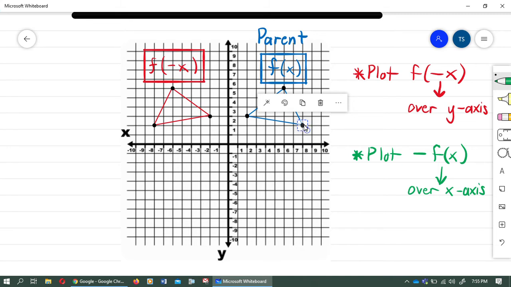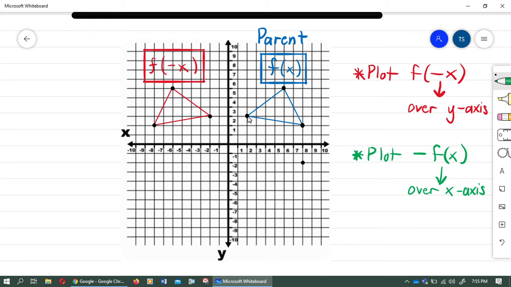So if we're going to reflect this over the x-axis, it's going to be on the other side of the x-axis, the same distance of 2 units away. That's going to be the new point for that one.